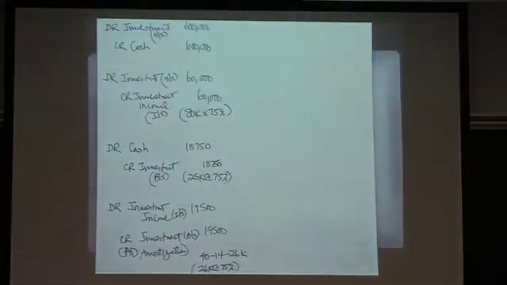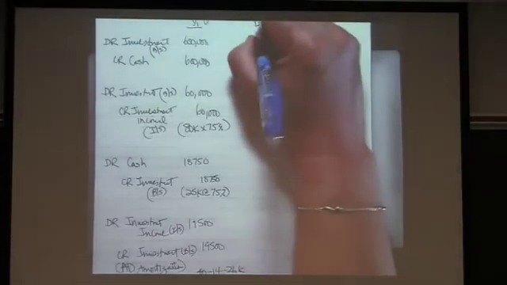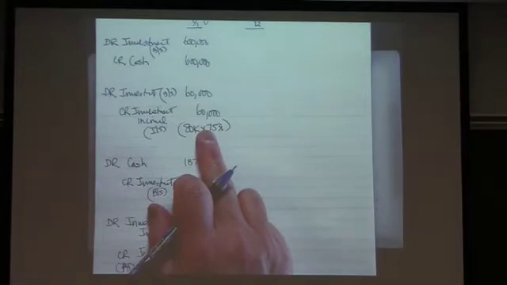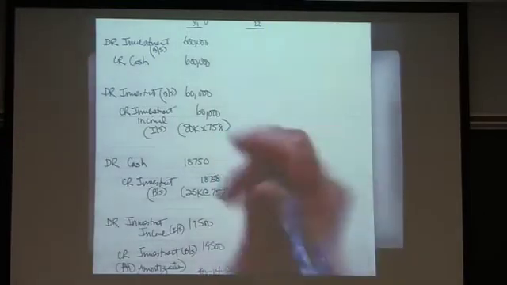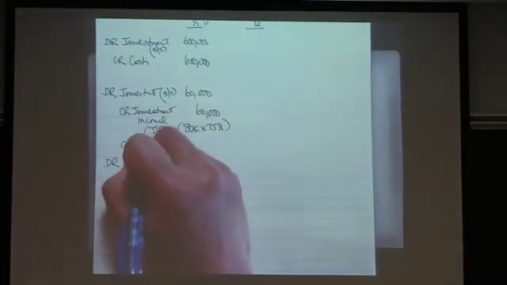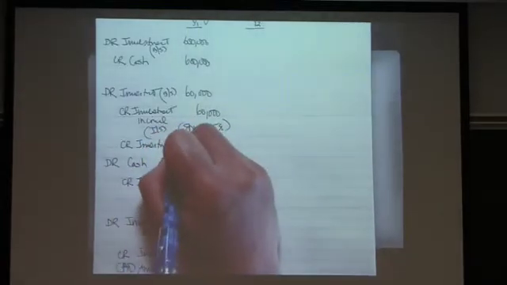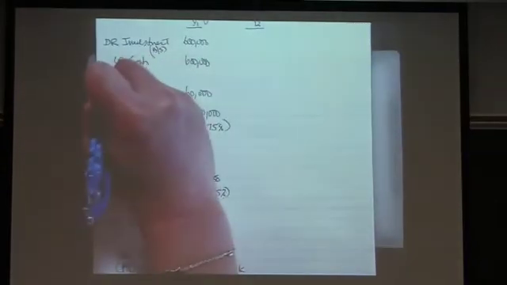Okay? Now, what do we do for year 2? Year 2, we don't have an adjustment for investment, but for this one, instead of debiting, we're going to credit investment. So I'm going to put credit investment here. And this is the balance sheet. And I'm going to debit investment income.